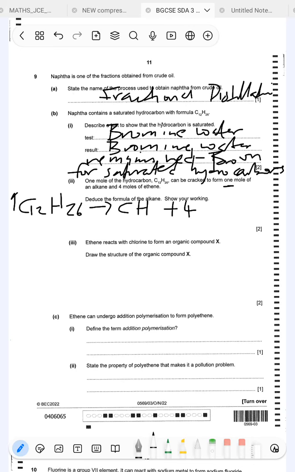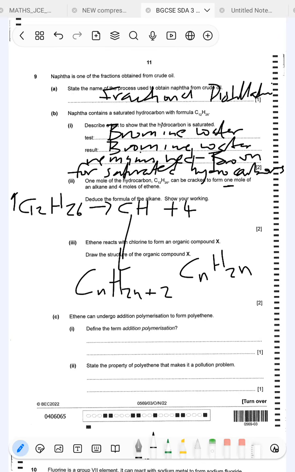So for an alkene, you're going to use CnH2n, okay? And then for an alkane, you use CnH2n+2. That's how you generate that. Just to remind you.